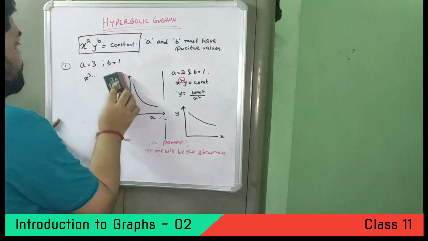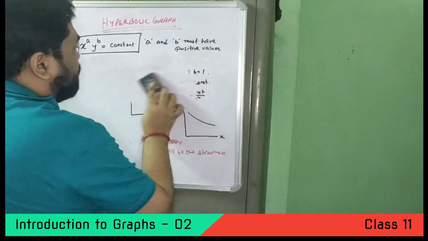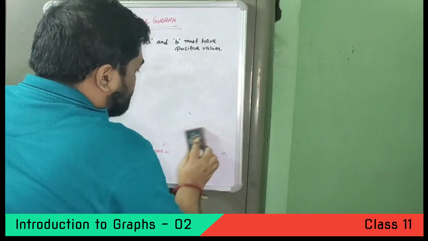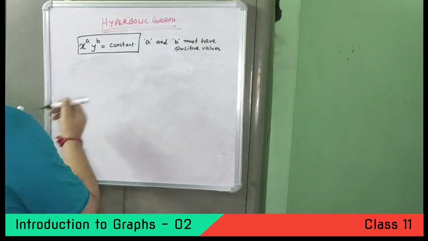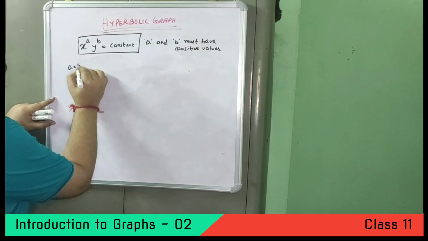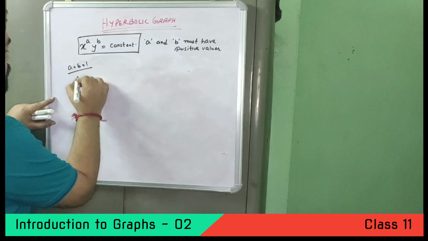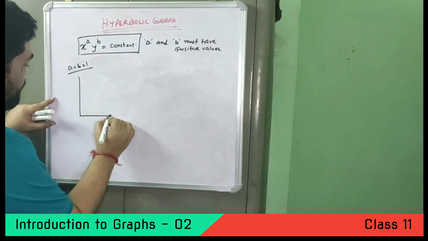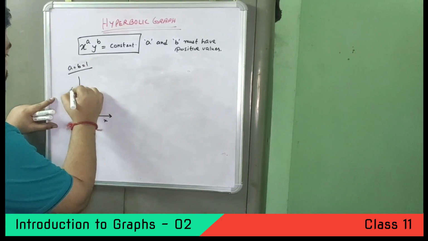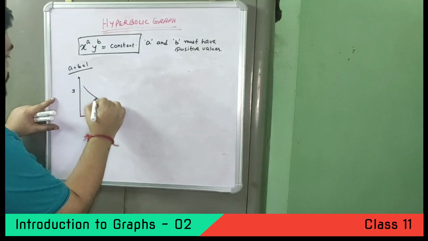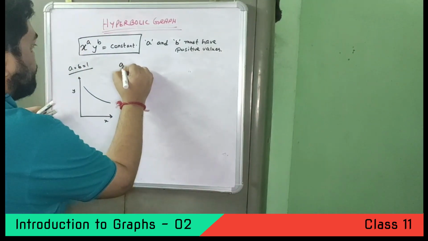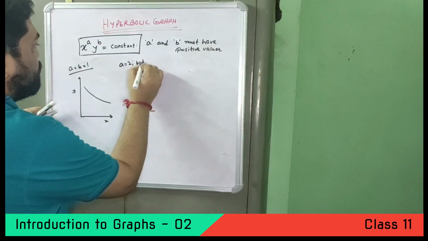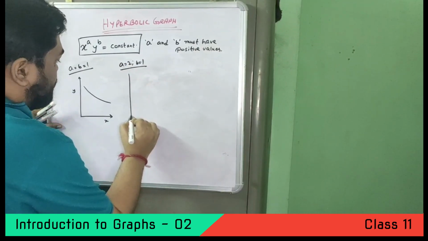So these are the three processes. Now if I summarize these three equations, for a equal to b equal to 1, what we have found, we will get this type of graph, and for a equal to 2, b equal to 1, what have we got?